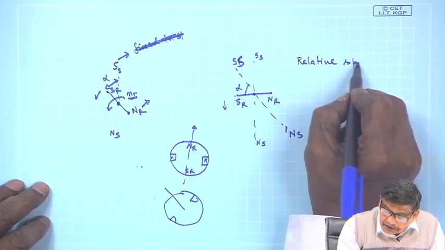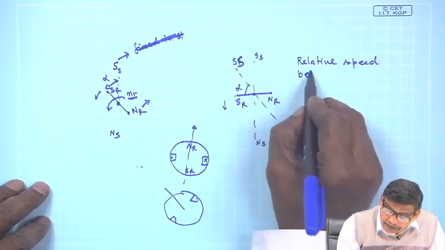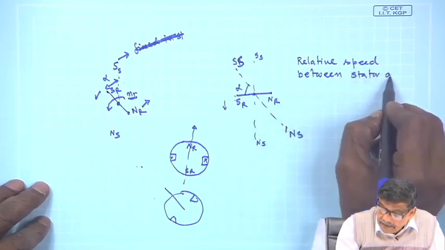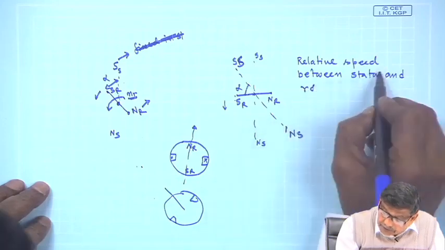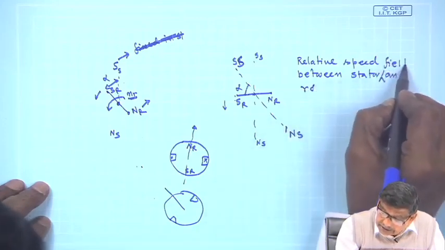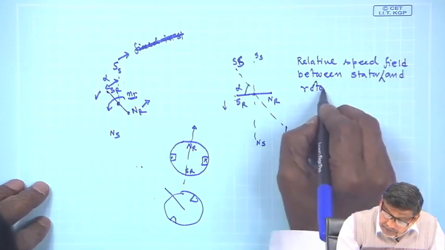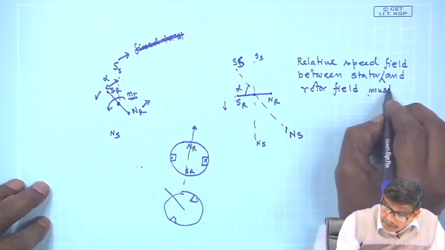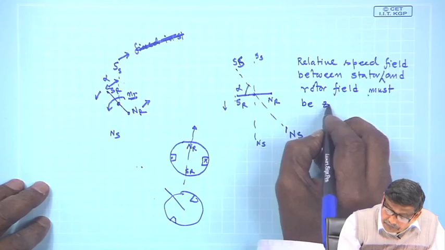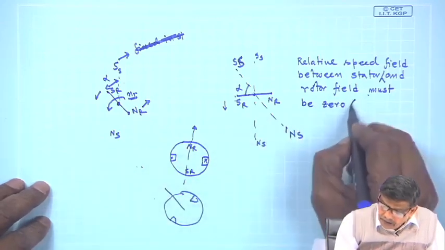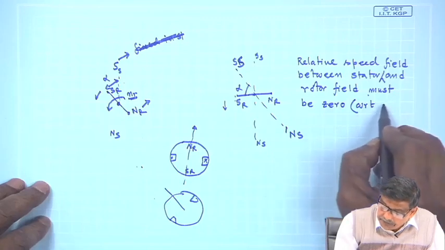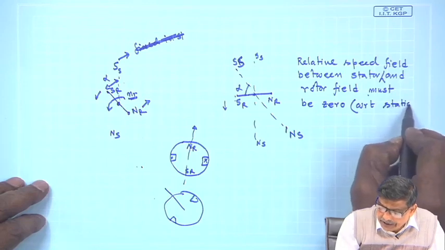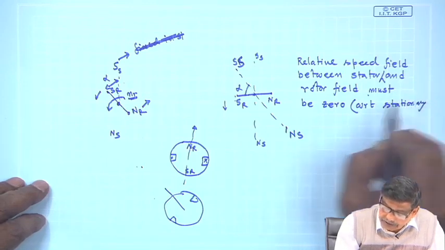You write down the relative speed between the stator field and the rotor field must be 0 with respect to some observer, say a stationary observer. It could be any observer.